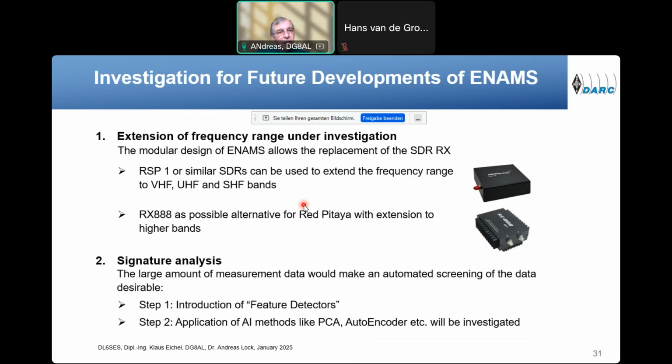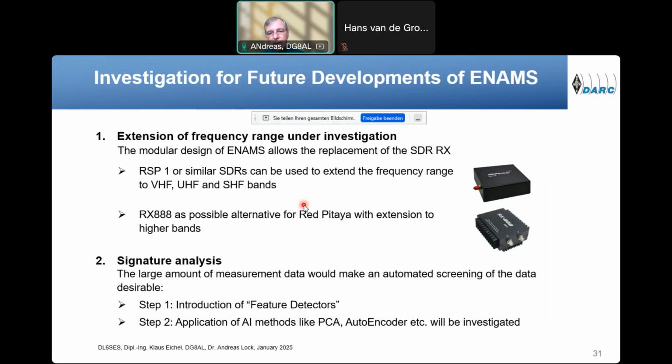We did some investigation for the future developments, and the first question was: could we also do measurements in other frequency ranges? Could we extend the frequency range? I did the first investigations with different kinds of SDR, with the RSP1, for example, because this is a relatively good and cheap SDR receiver device.